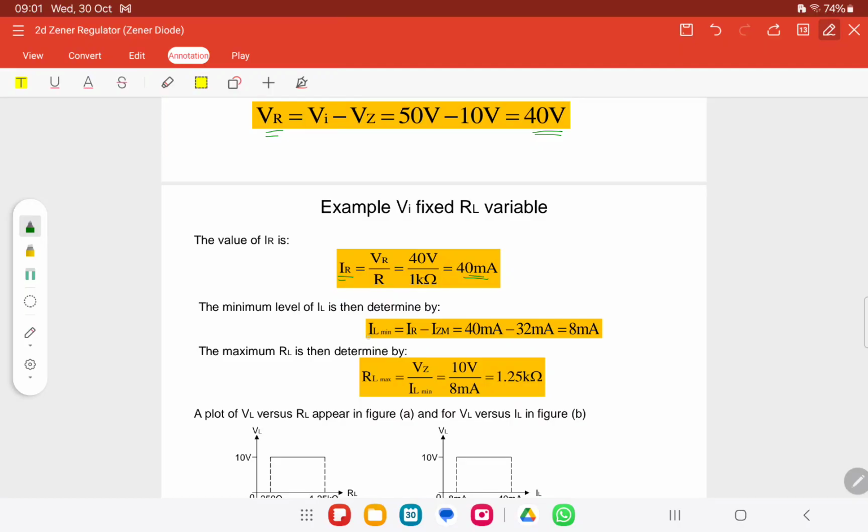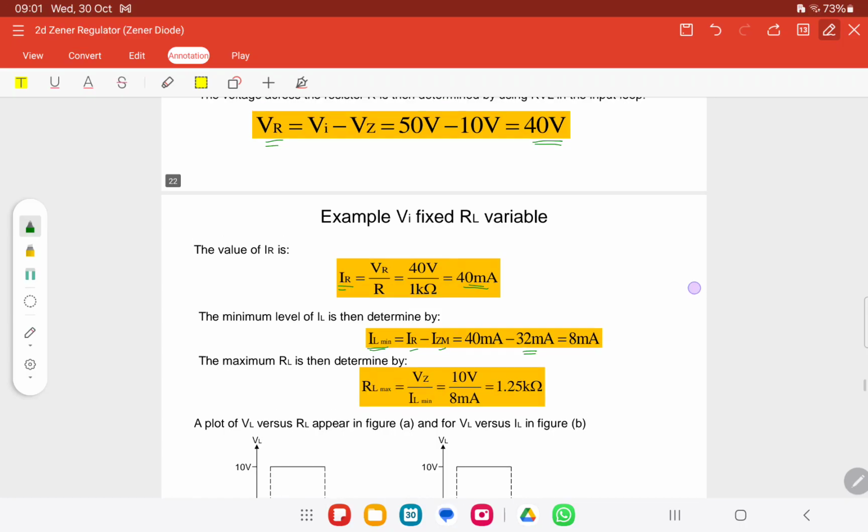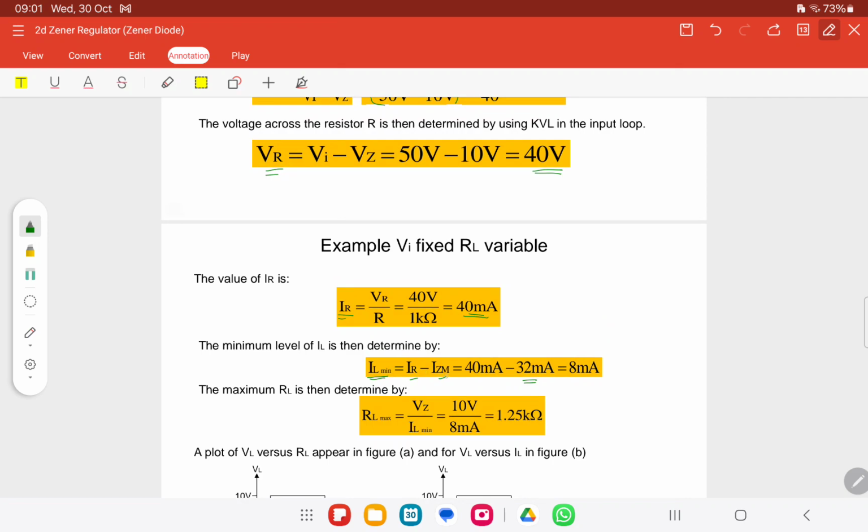And then IL is IR minus IZM, the given value. Because IZM is the maximum, so IL is the minimum lah. Kan? Dia satu fix, when satu maximum, the other one will be the, dia dah bagi banyak dekat orang sini, orang sana akan dapat sikit lah. Okay, so konsep dia macam tu.